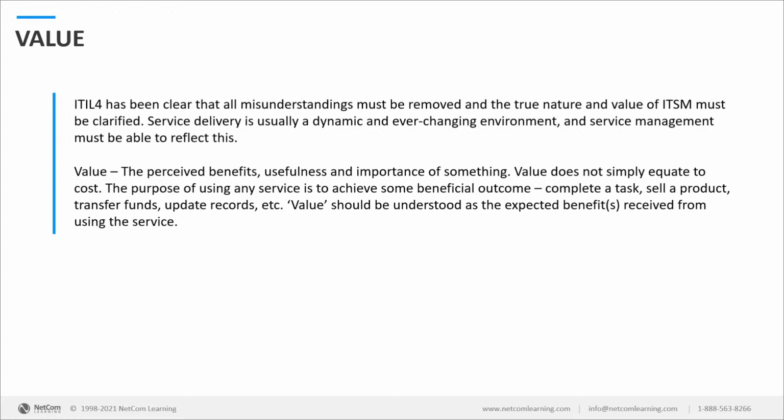Their expectation is to get a secured communication channel, a faster communication channel. And we, being the service provider, need to understand these concepts. And that's what's being explained and focused on in ITIL. ITIL now, especially version 4, primarily focuses on how we can identify what business value is, how we can link ourselves, and how we can make sure that we contribute in achieving that business value.